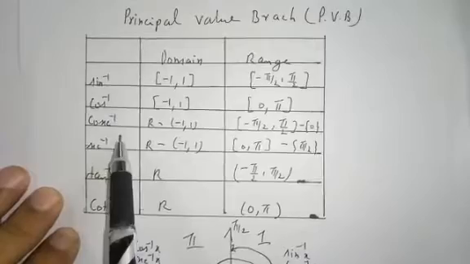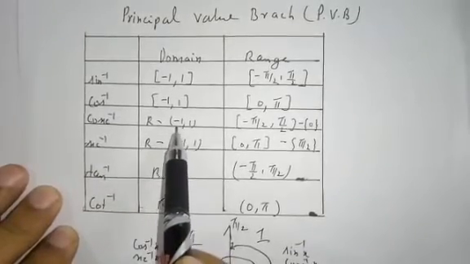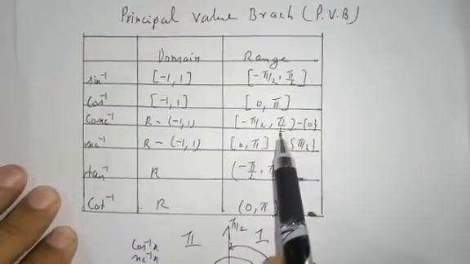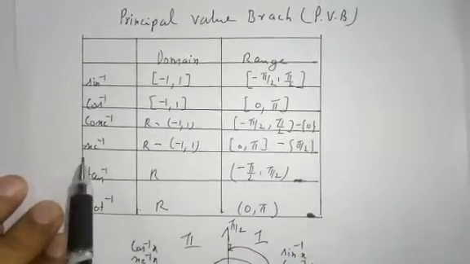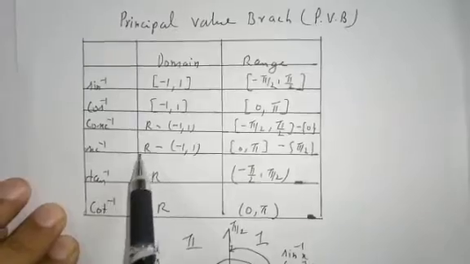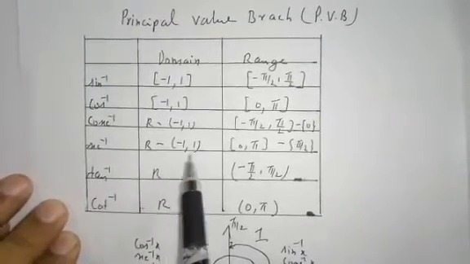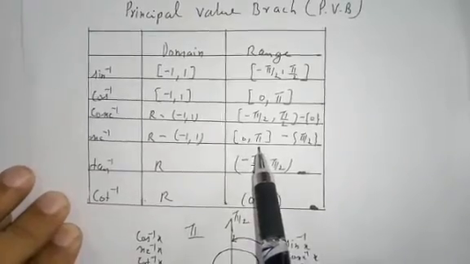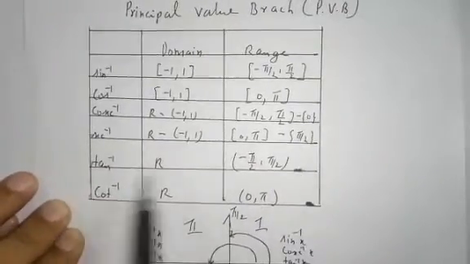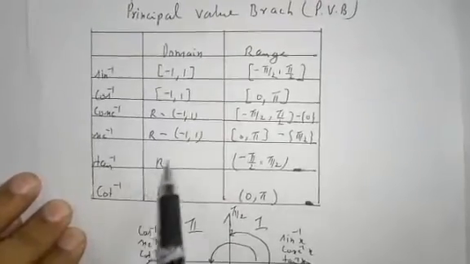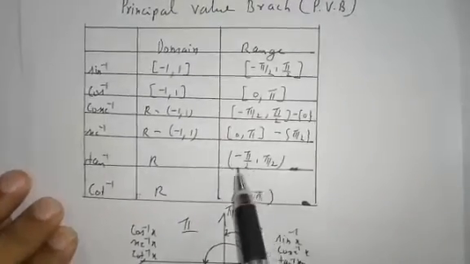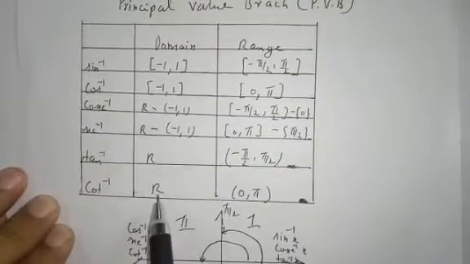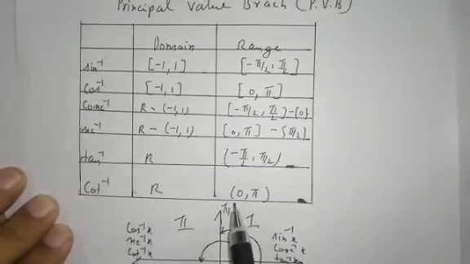Cosec inverse x: domain is real numbers except minus 1 to 1 and its range is minus pi by 2 to pi by 2 except 0. Sec inverse: domain is real numbers except minus 1 to 1, its range is 0 to pi except pi by 2. Tan inverse: domain is all real numbers and its range is minus pi by 2 to pi by 2. Cot inverse: domain is the set of real numbers, its range is 0 to pi.